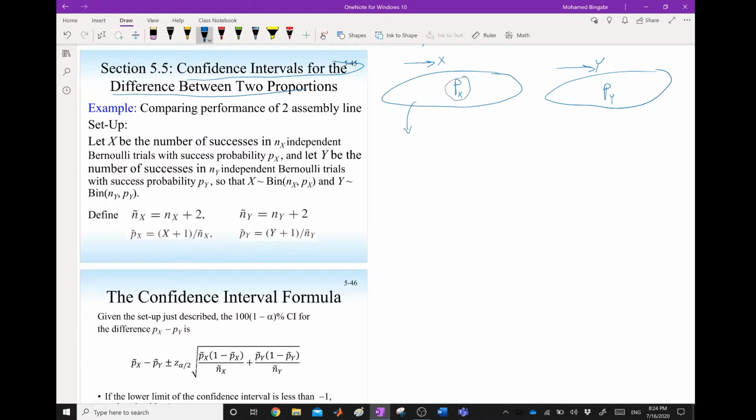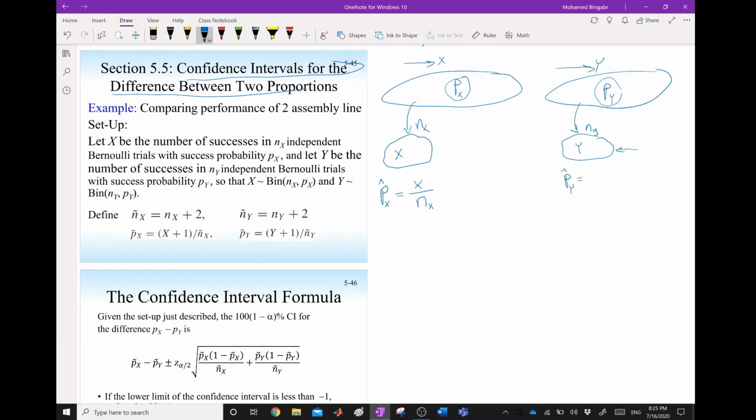And I don't know the value of Px and Py. So we take a large sample, nx of 30 or more, from here, and a sample of size ny from there. Then I count x, the number of successes in the sample, and y, the number of successes in this sample. So we estimate as before the probability of success. It's the number of successes divided by all items or trials in the sample, which is nx.